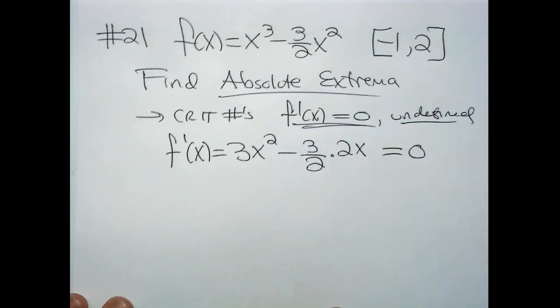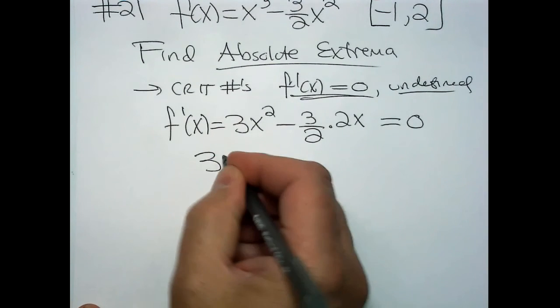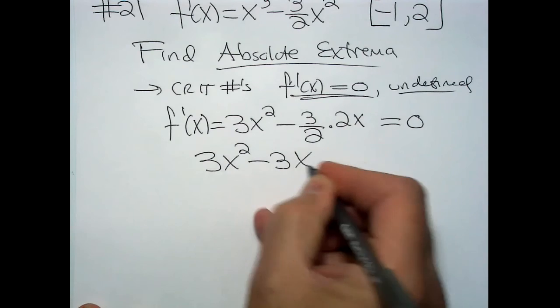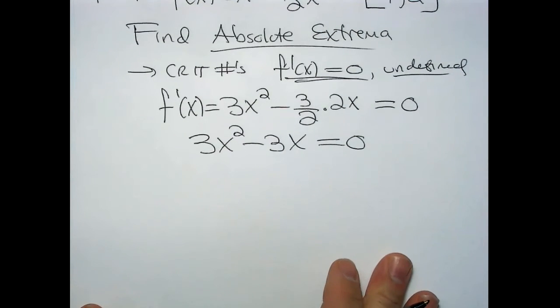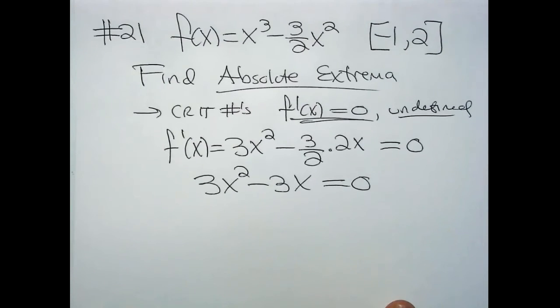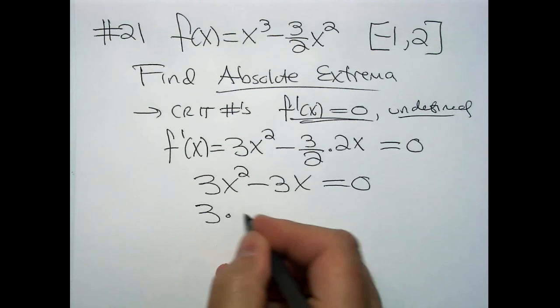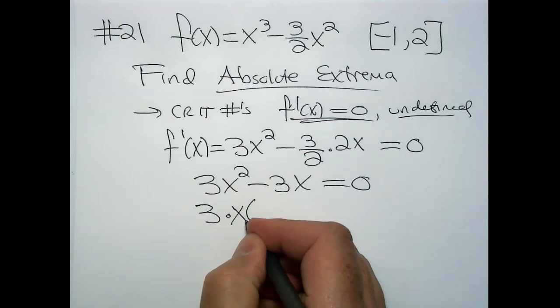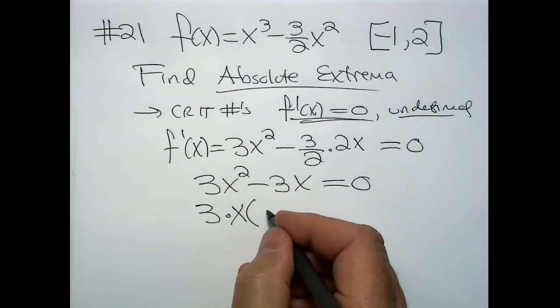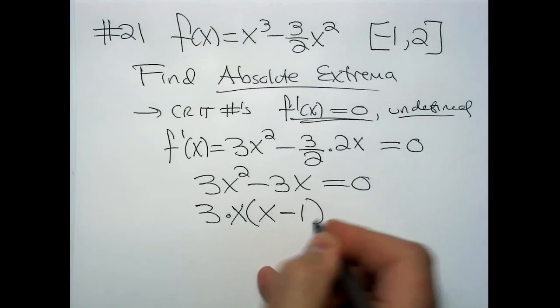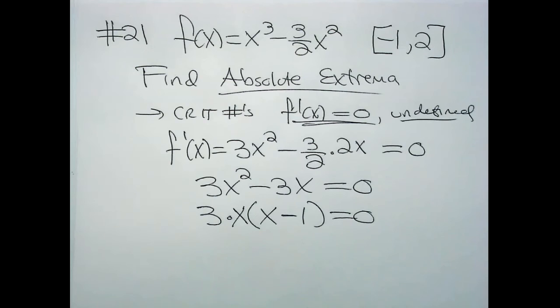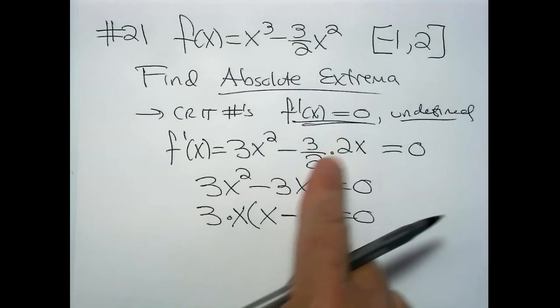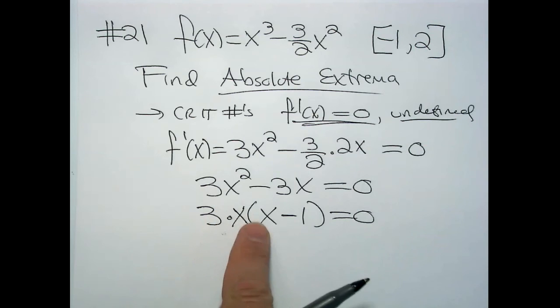So 3x squared minus 3x equals 0. That's going to be a 3 factored out, and an x factored out as well, and that leaves me with x minus 1. Let's just make sure we got that right. 3x squared, 2x, 2's cancel. The 3 comes out and the x comes out.